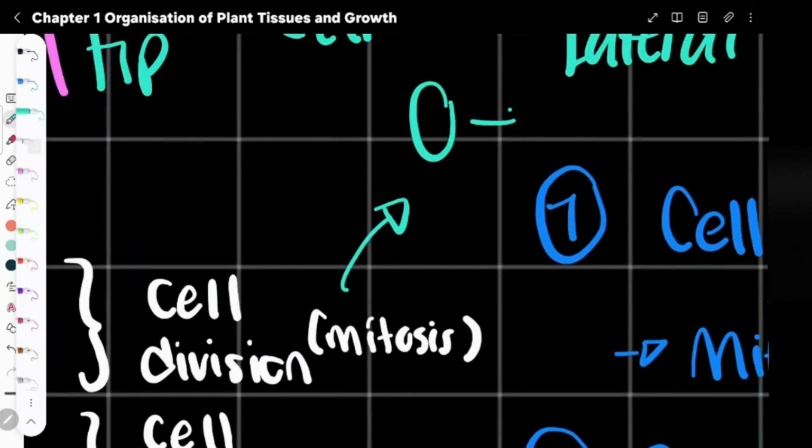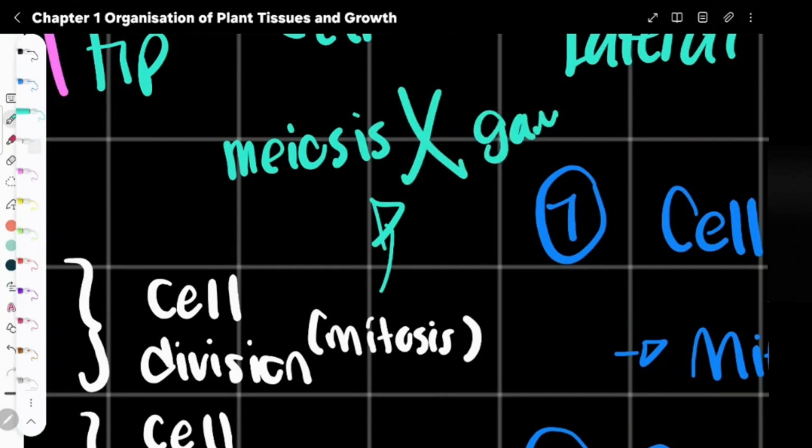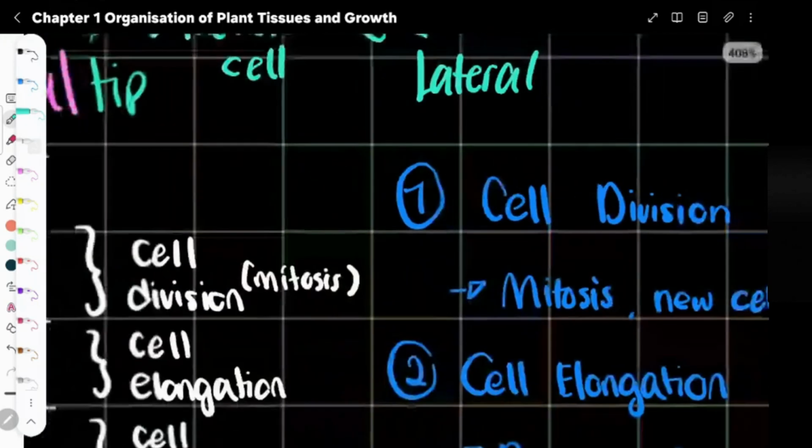It's when a cell divides into two cells. It's not meiosis. Meiosis is for gametes, the reproductive system only, like sperm, for example.